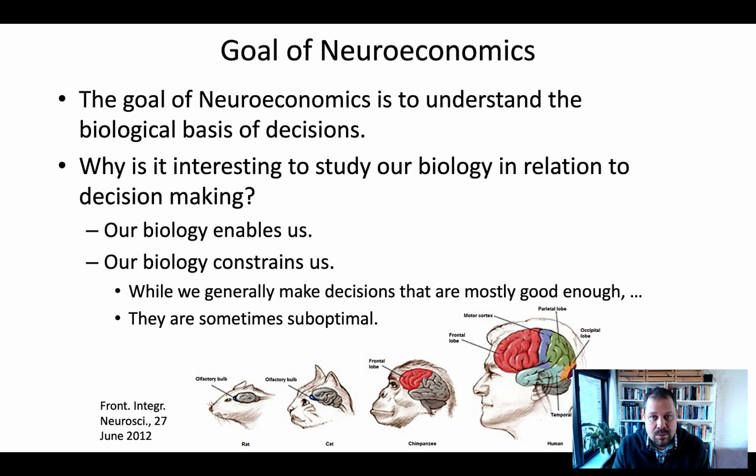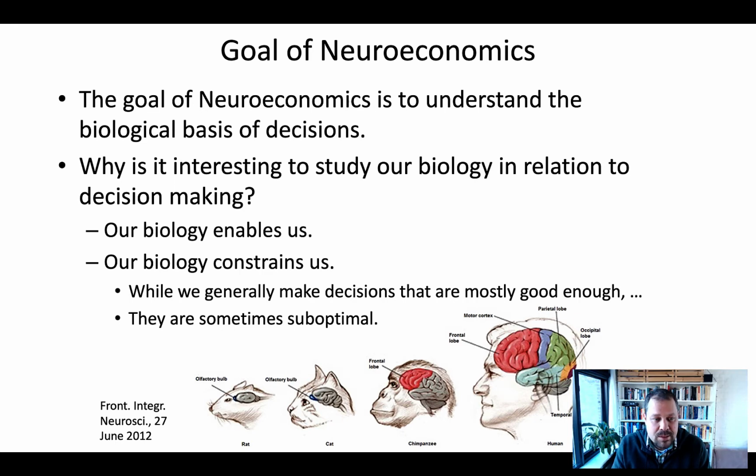This might lead us to not make optimal decisions in all cases. So we have a brain that enables us to make decisions that are very complex, but at the same time, it's constrained. It can't do everything. But despite this, we make decisions that are mostly good enough, but they're sometimes suboptimal.